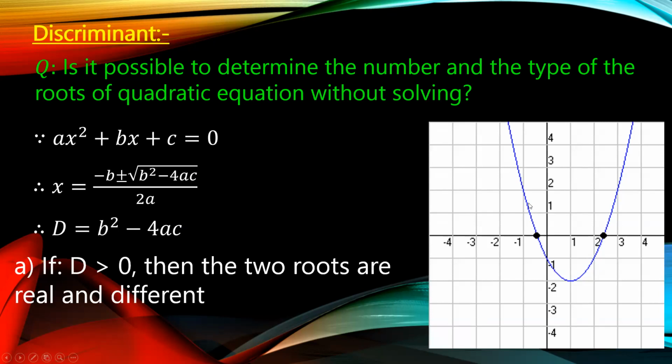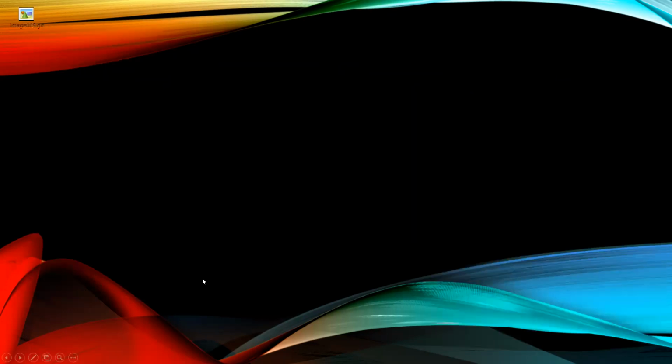If I draw the curve of a quadratic equation, I will find the curve cuts the x-axis at 2 points. The 2 points here are real and different. The first root equals negative half, and the second root equals 2.4. The two roots here are real and different if the discriminant is more than 0.